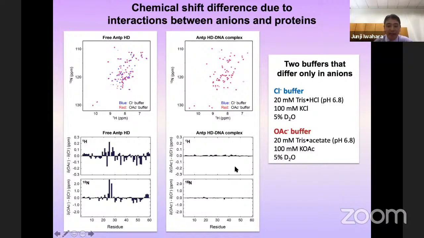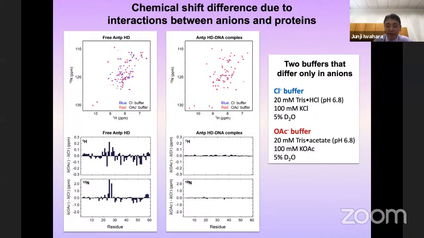But for the protein DNA complex, because the overall charge is still negative, the attraction of anions is not really significant. Because of that, even if you change the anion from chloride to acetate, the chemical shift differences are quite small. But this is a qualitative discussion.